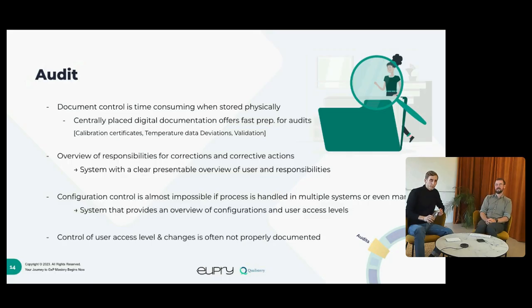Another thing we see, I think this is a small note, but basically control of user access level and changes are often not properly controlled, specifically in digital systems. And I hope you all agree with me on this, that there's only one answer, and that's to have a 21 CFR Part 11 compliant system. That is the only way.